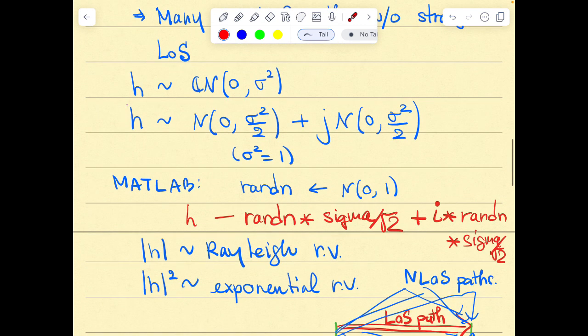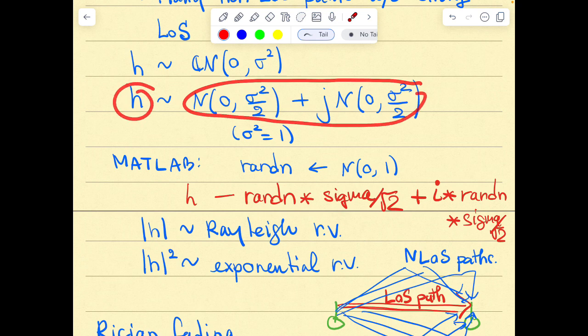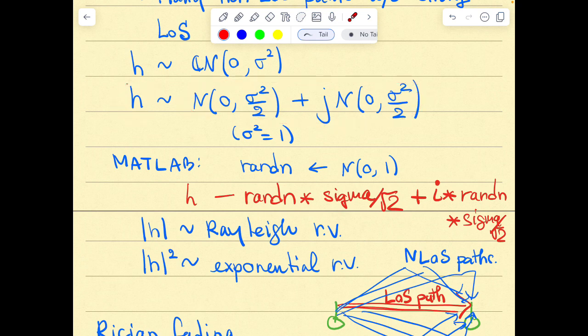Now if you want to generate h, you call randn, but you change the variance to sigma squared over 2, so you multiply it with sigma divided by square root of 2, plus the imaginary part. So I multiply randn with sigma divided by square root of 2, and then you get h for the Rayleigh fading case.